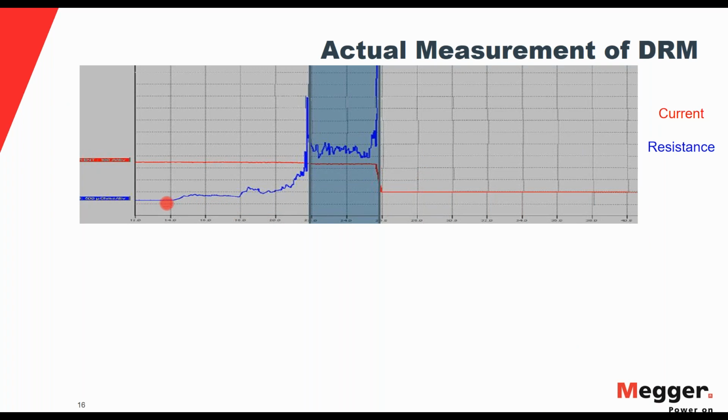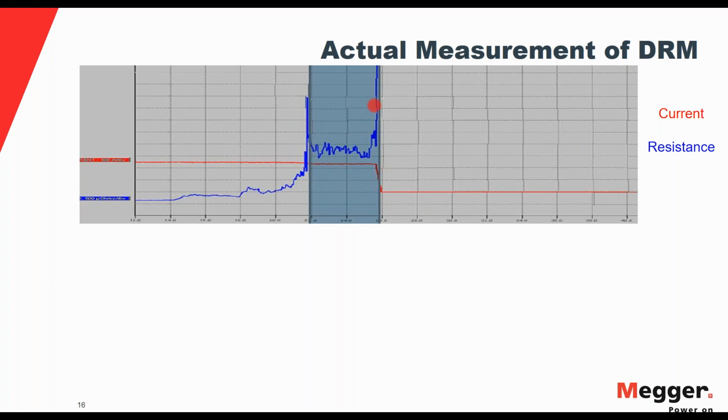A resistance value in the blue is increasing, then you will find a certain jump, and then it will go to infinity after opening the breaker. Now, this thing here in the middle is the resistance, you can say, of the arcing contact, which is something you can't really get a good value from.